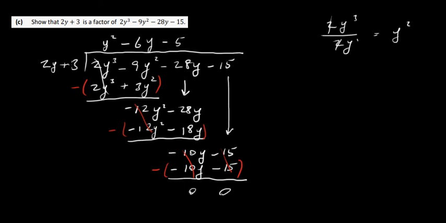So this is showing that 2y plus 3 is a factor, or does divide in evenly into 2y cubed minus 9y squared minus 28y minus 15. So it divides in with no remainder.